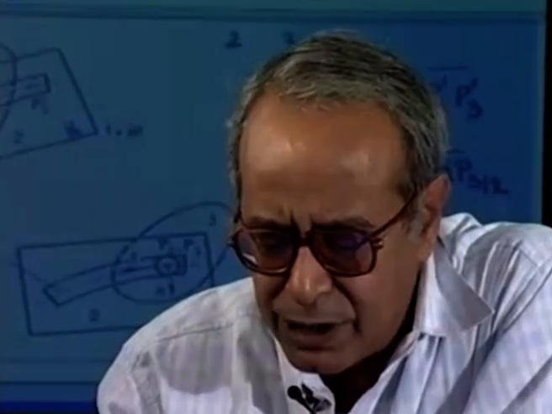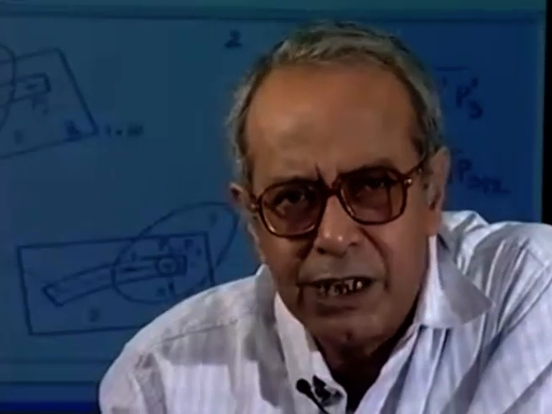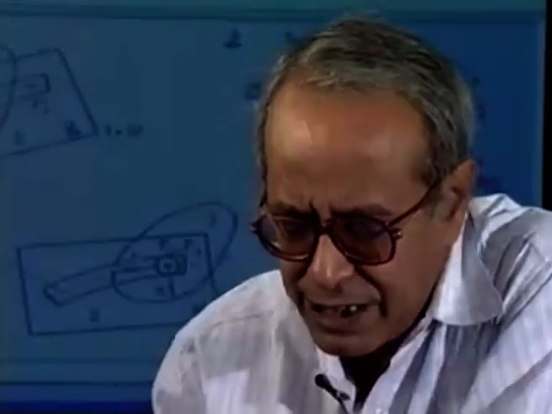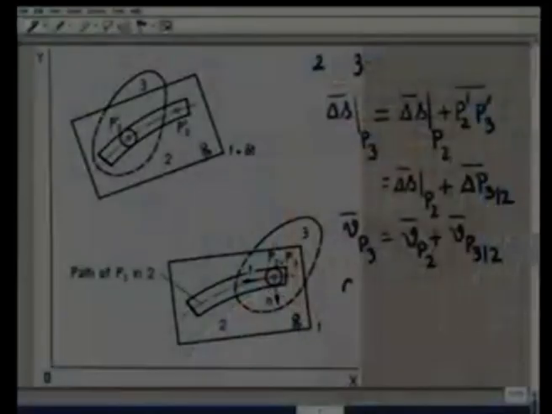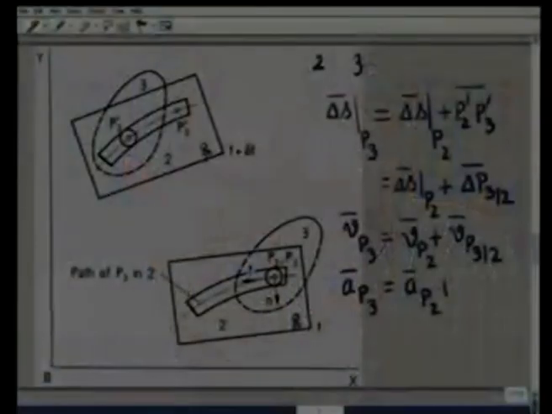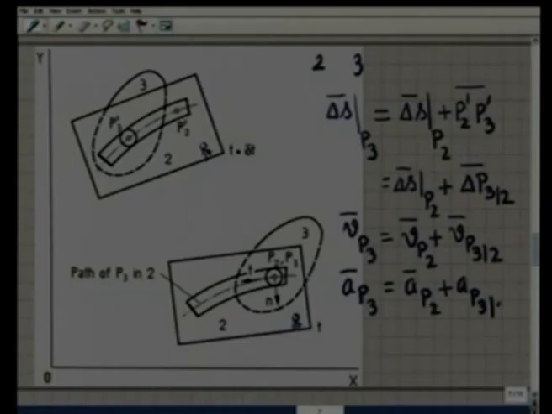Common sense intuition might suggest that a similar relationship will also hold good for the acceleration of these two points, that is, acceleration of the point P3 is acceleration of the point P2 plus acceleration of the point P3 as measured by an observer attached to body 2.